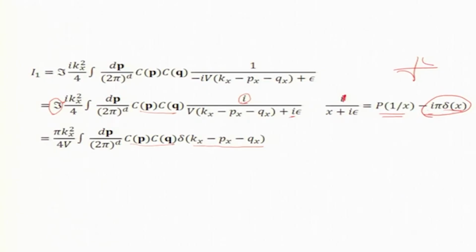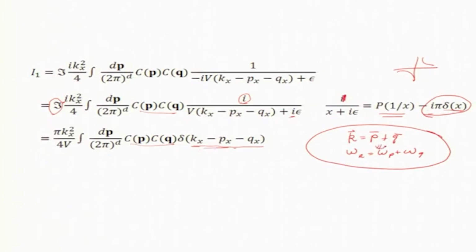Now, it has two constraints. What is the constraint? K equal to P plus Q, because that is the momentum conservation, and the frequencies also match, omega K equal to omega P plus omega Q. These are the two constraints you will find in wave turbulence. It turns out for this case this can be derived from here, but in general it will not be the case, because if I take the x component I will get kx equal to px plus qx.